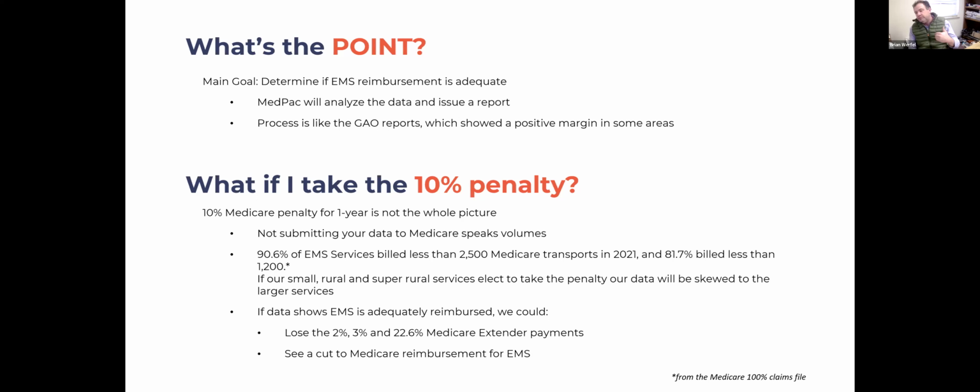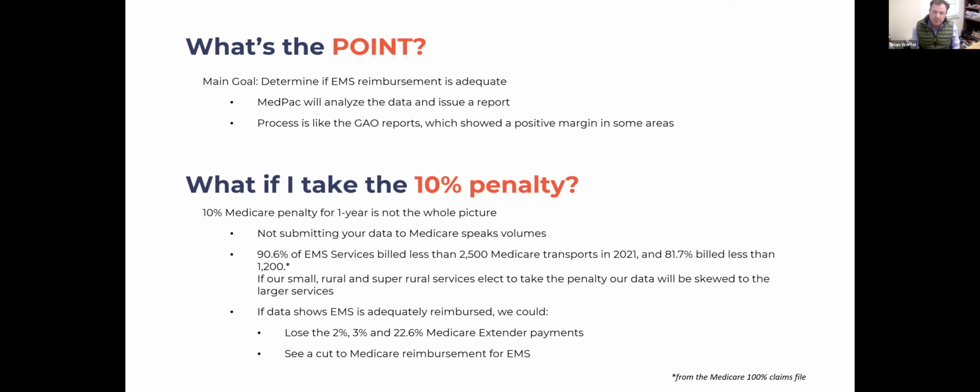So we believe that submitting your data, especially if you're a smaller service, will not only help you avoid that 10% cut, but will also help the industry as a whole justify the increases that we're looking for. And again, we're not looking for anything radical. We're not looking for a windfall or anything like that. We're not being greedy.